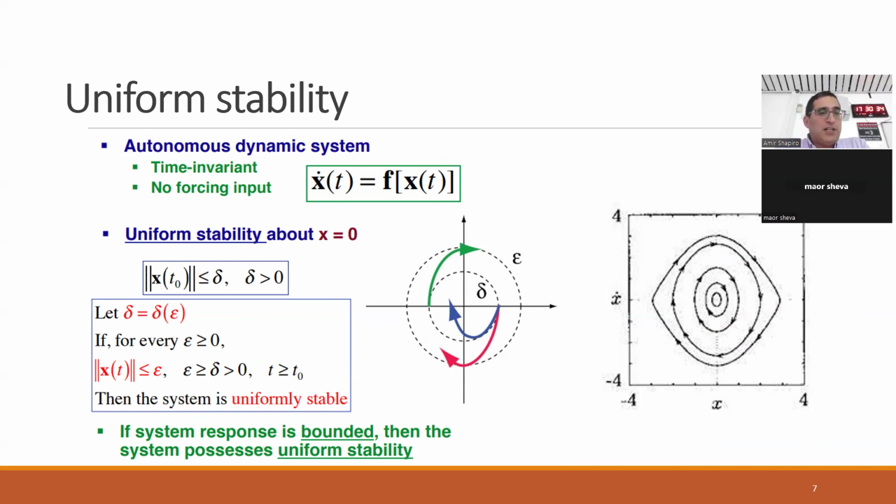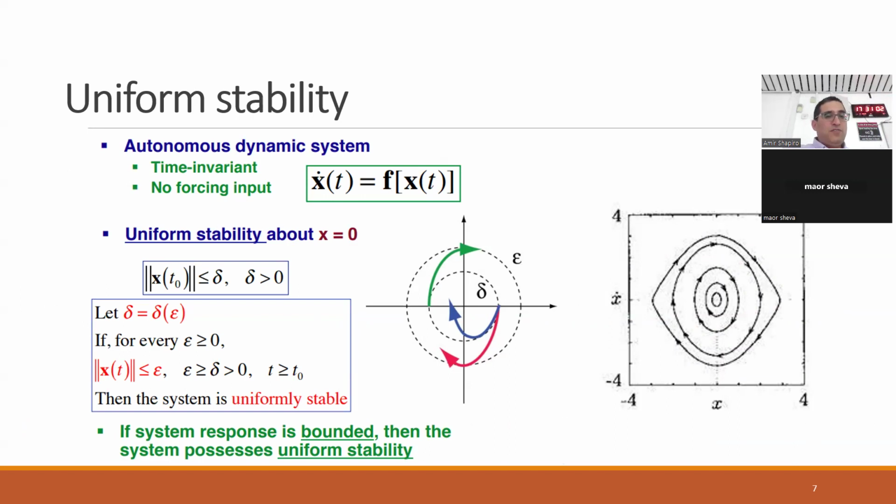So it's time invariant and there's no forcing input, there's no u. Uniform stability about x equals 0, so the equilibrium will be at 0, meaning that f of 0 is 0.